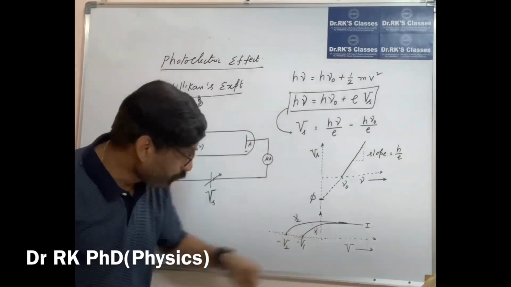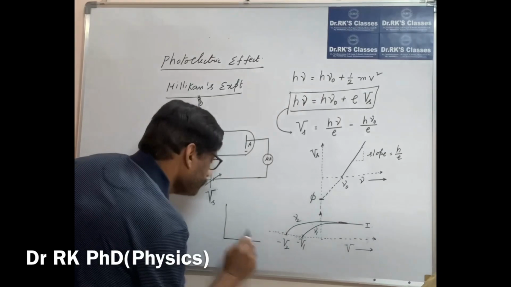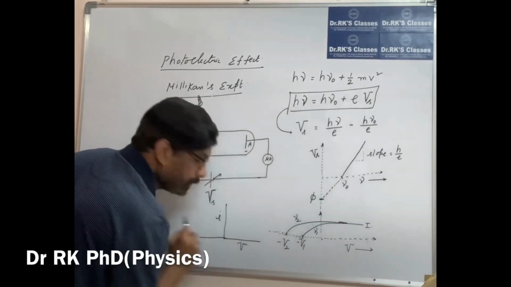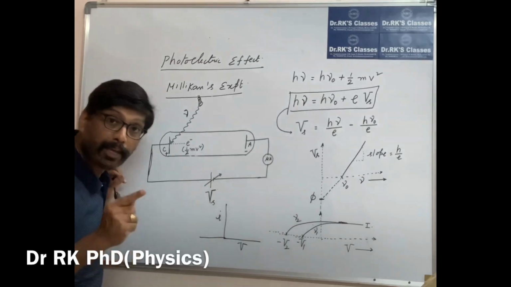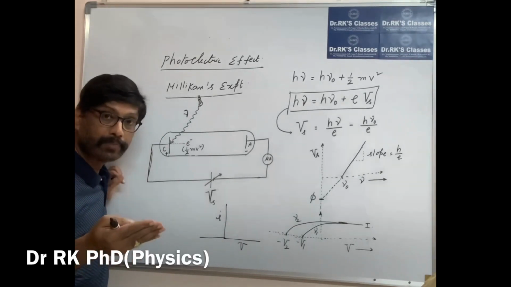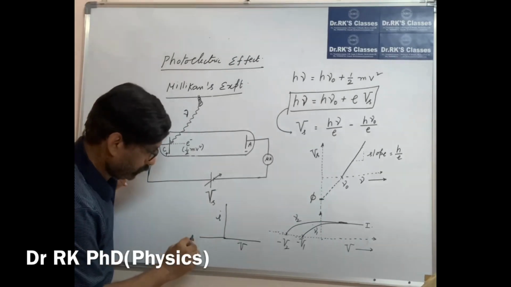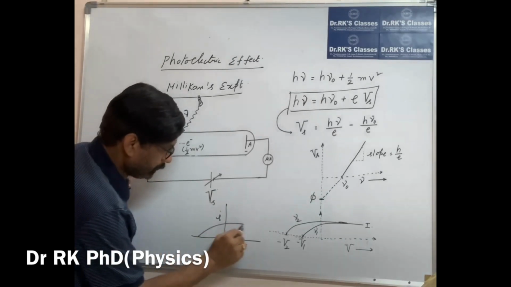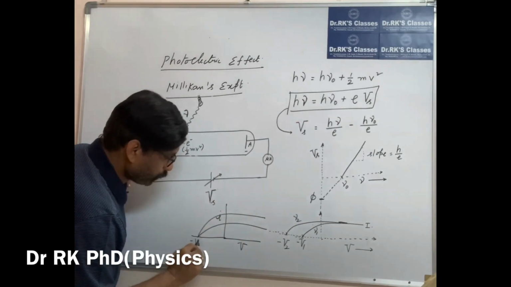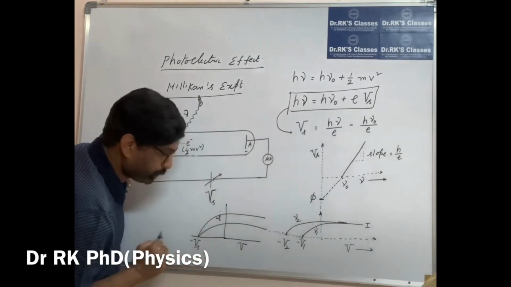If you use different intensity with the same color, what we got is that the stopping potential is the same.